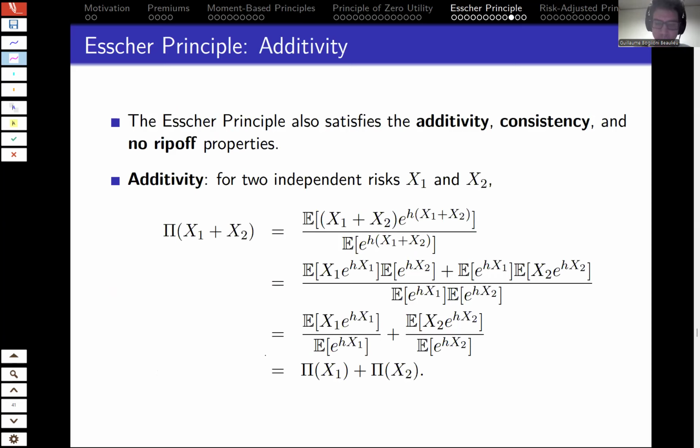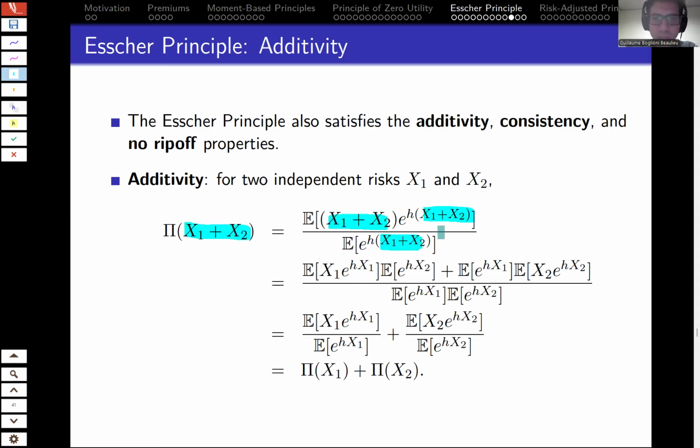Now we have just shown non-negative loading. We will show additivity, consistency, no ripoff. Let's go for additivity. Additivity means that the premium of the sum should be the sum of the premiums. You write just the definition of the premium for a random variable that is x1 plus x2.